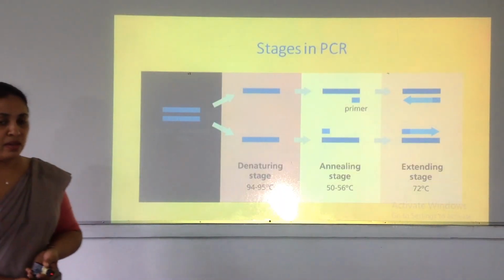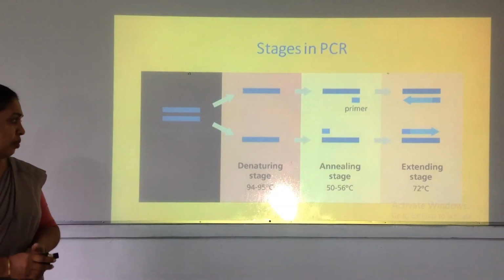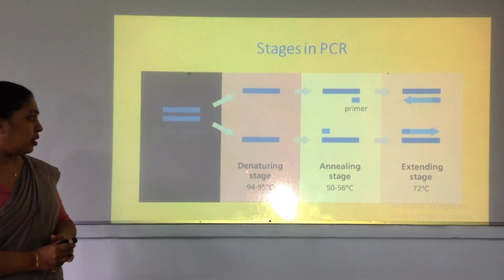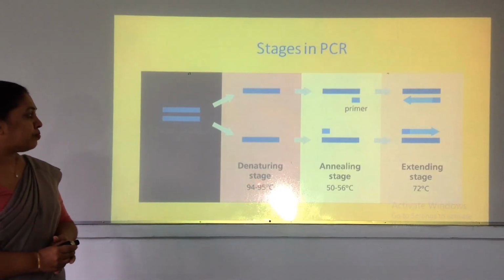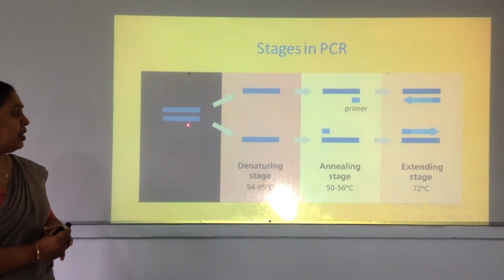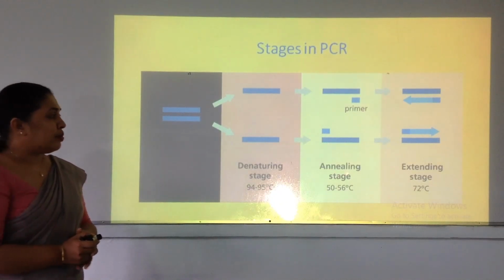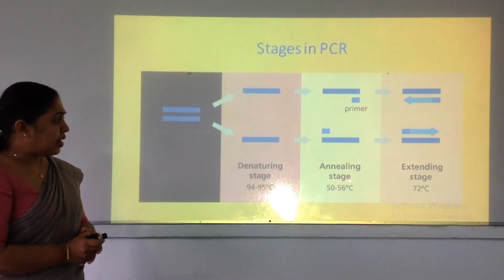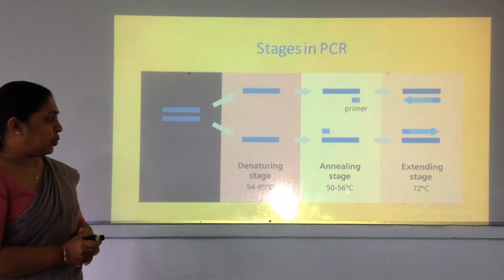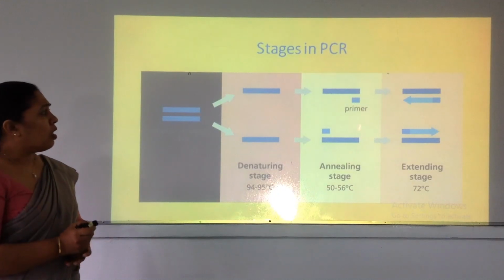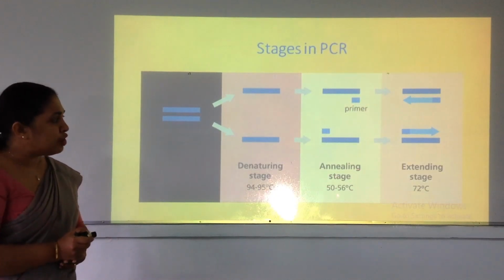And these are the stages in a detailed manner. The first stage is the denaturing stage. It means double-stranded DNA is denatured into single-stranded. The next one is the annealing stage. The temperature is 50 to 56. The temperature is dropped there, and the primer is annealed there. That's why it is the annealing stage.